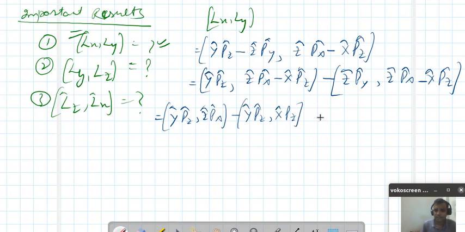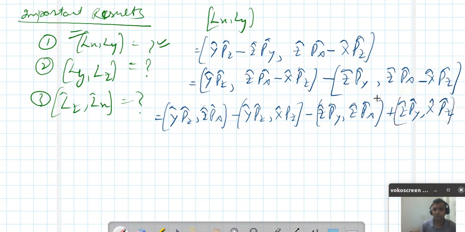Then this can be written as the commutator of z py, z px, and minus minus will become plus, so it is the commutator of z py and x pz, right? So these are the four terms which we are getting. Now we have to simplify every term separately. So first of all, I will try to simplify this term, then this term, this and this term.